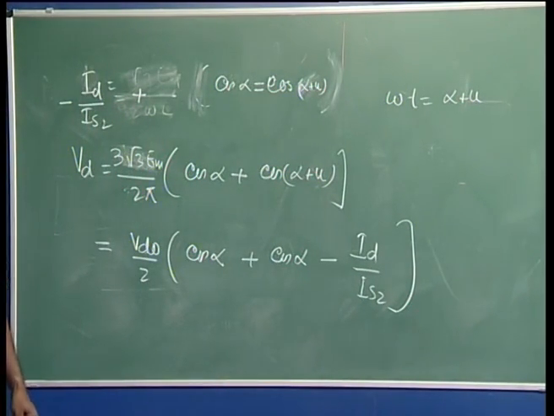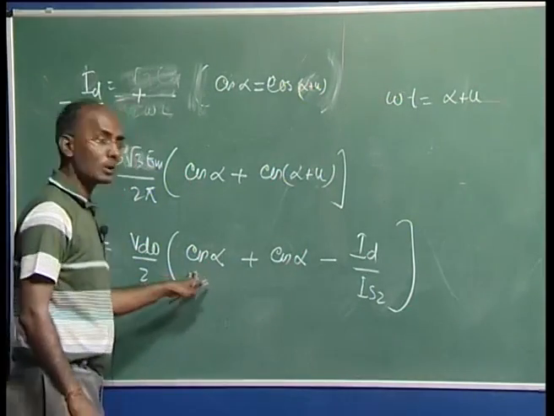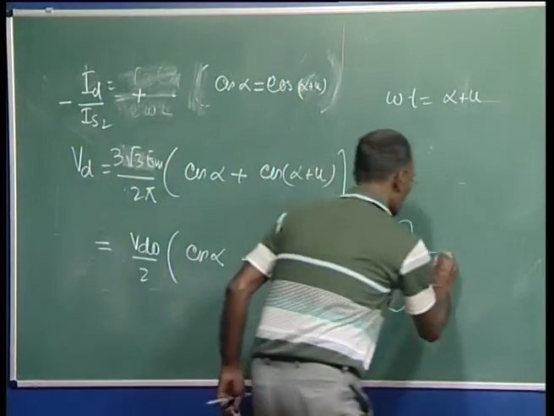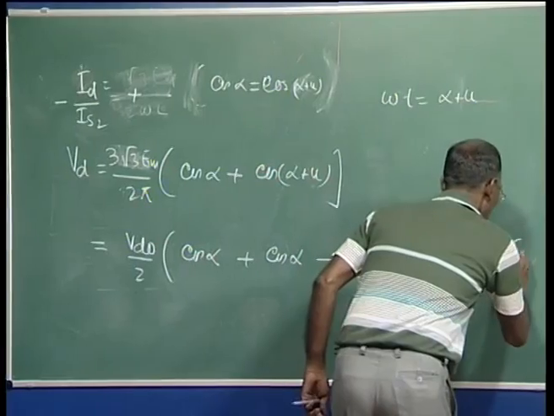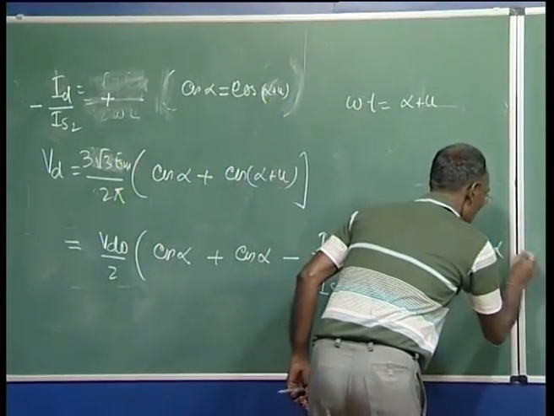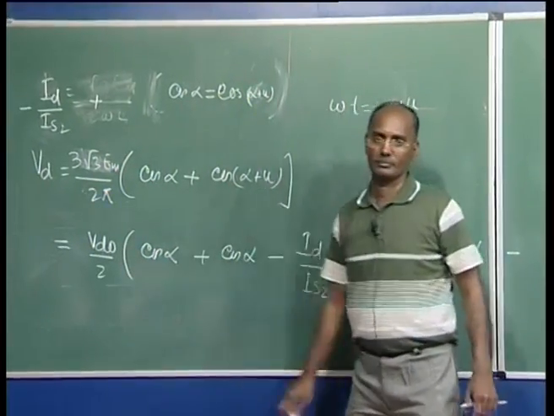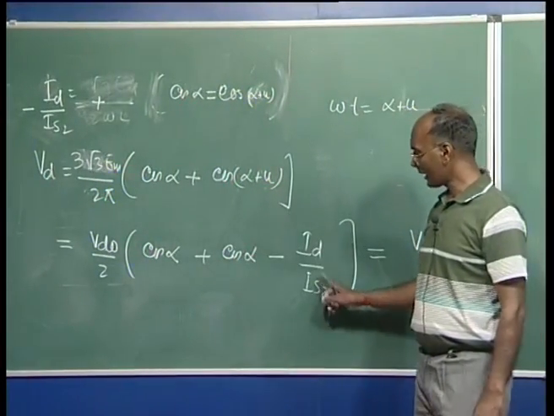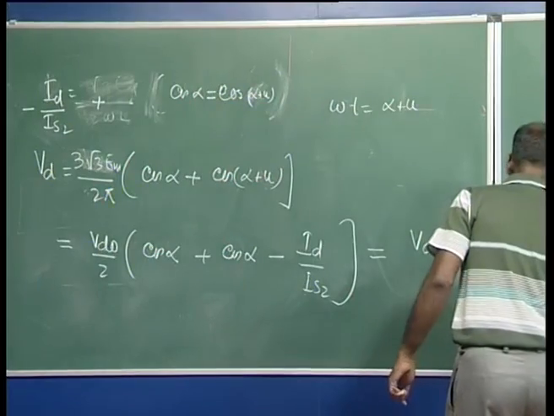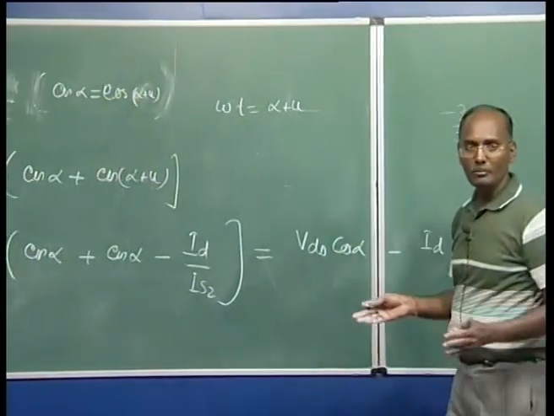Okay. Now, what happens, this is a 2 cos alpha. So, I can write here it is VDO cos alpha minus, now we can just simplify this to this, it is IS2 here, means ID is the one variable.